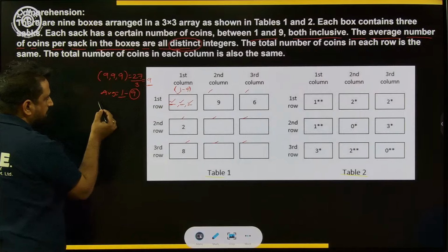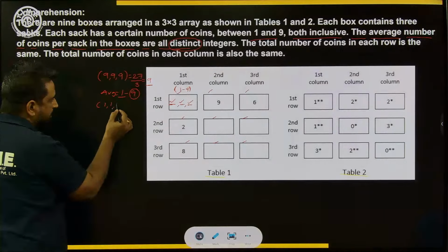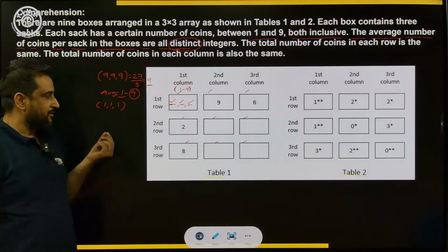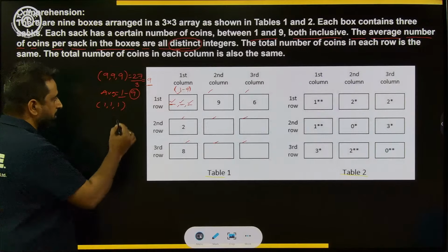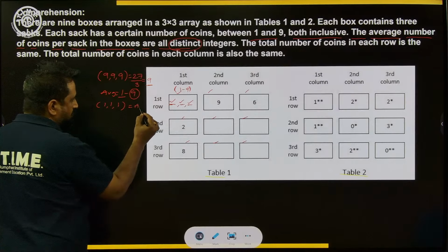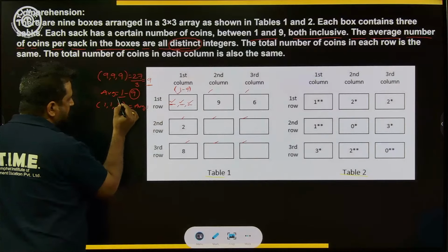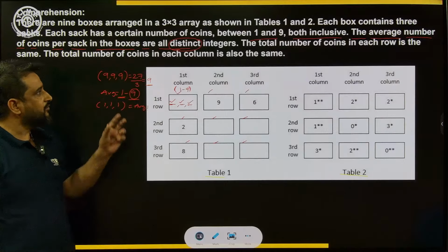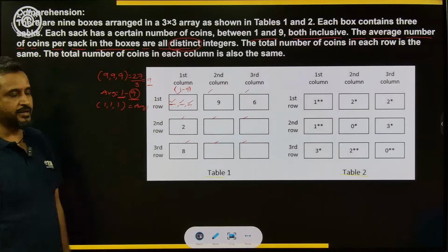We get the minimum average 1 when all the numbers are 1, 1, 1 in that particular box, so each sack contains 1, 1, 1. Then the average will be 1. The averages should lie between 1 and 9, including both, because 9 boxes are there and all are distinct integers.